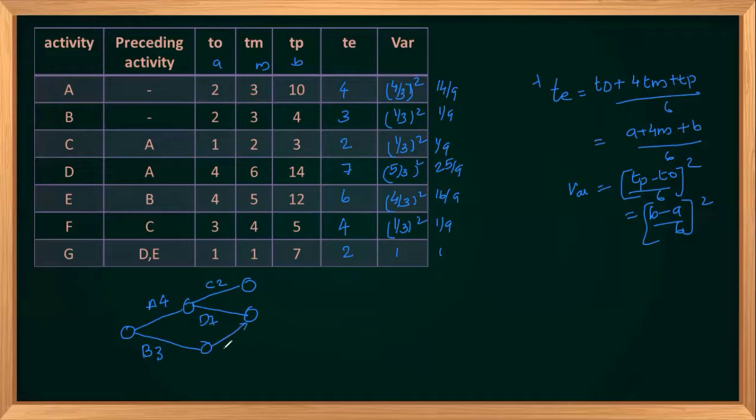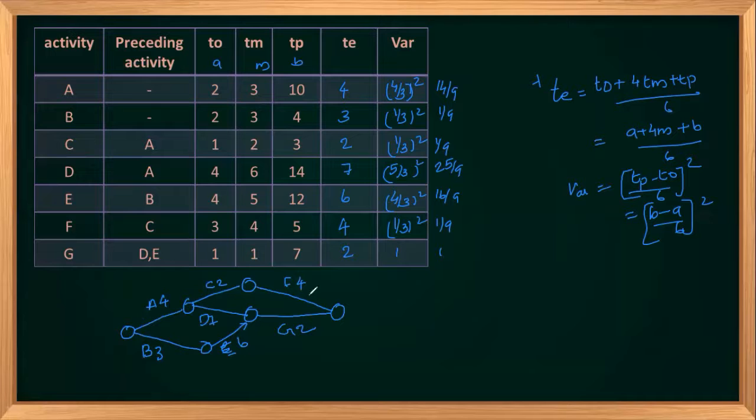This is my E, from B, and it merges with D. E is 6. Now D and E merge to give G. G is 2. And from C, F starts and you complete it with F. F is 4. So this is my network.